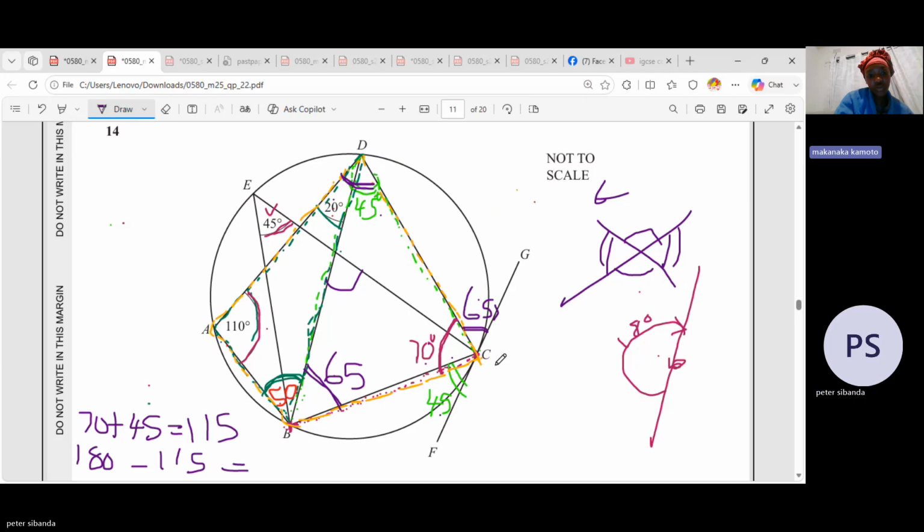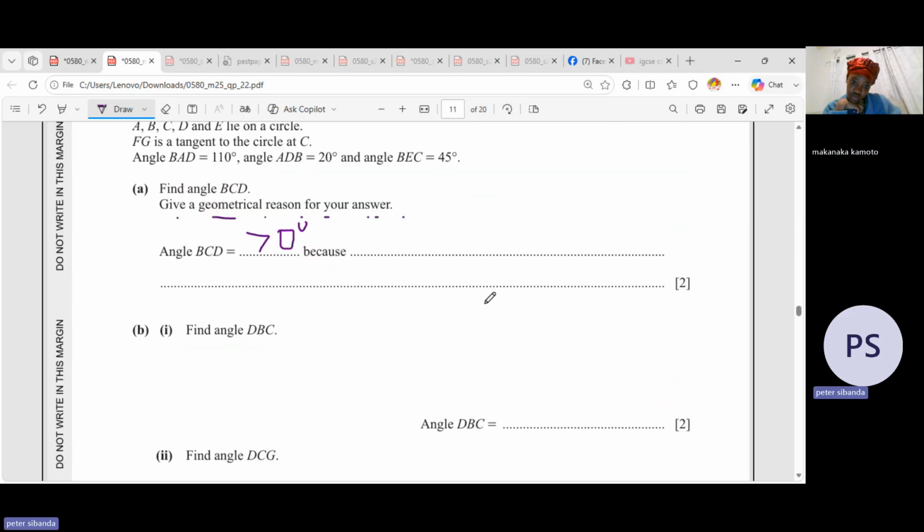So we said 180 minus 110 to get 70. Yes. So that's the geometrical reason, that opposite interior angles of a cyclic quadrilateral are supplementary, or they add up to 180. That's your reason. So you write that here.